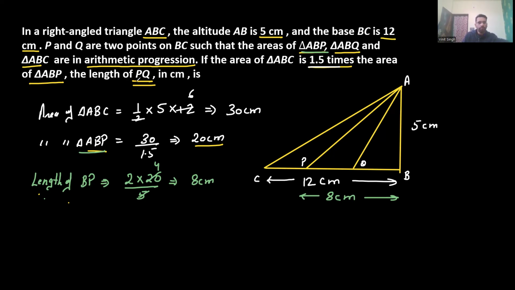Now we have to find the PQ, and ABP, ABQ and ABC are in AP. So ABC is 30, ABP is 20. Now the area of triangle ABQ is equal to 10 centimeter. Then these three numbers are in AP. ABQ is 10 centimeter.